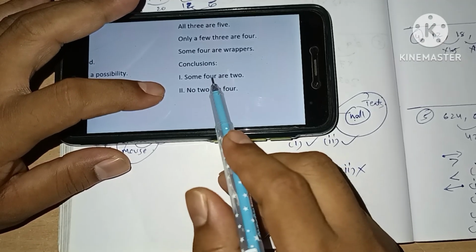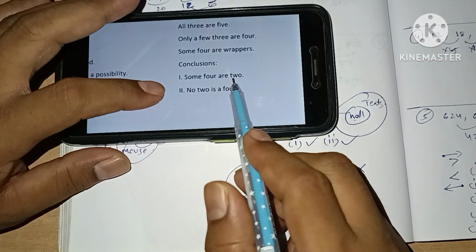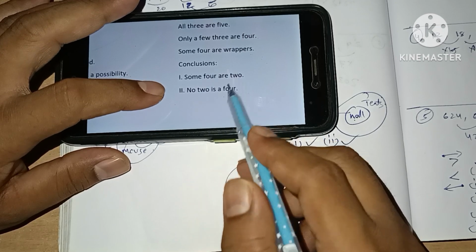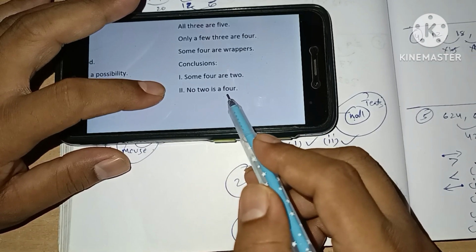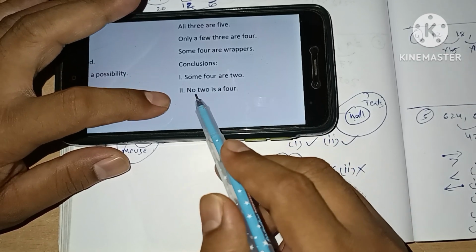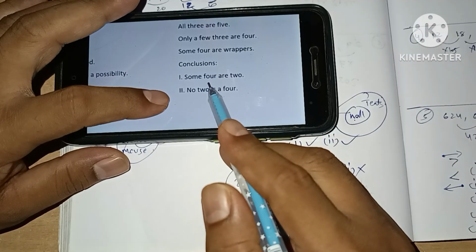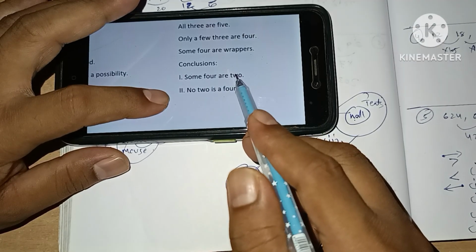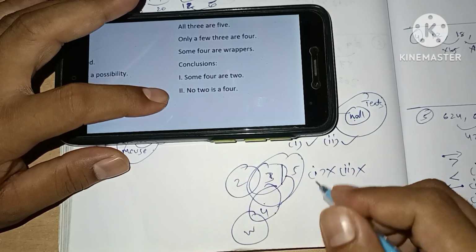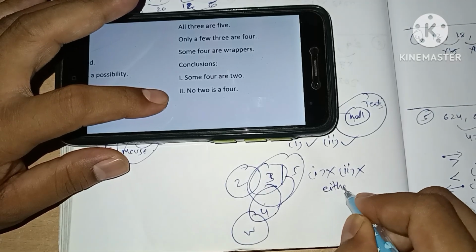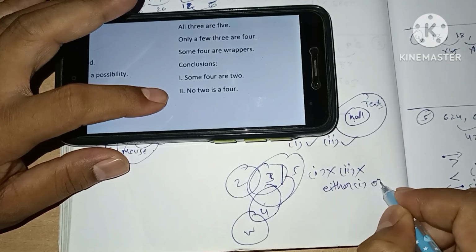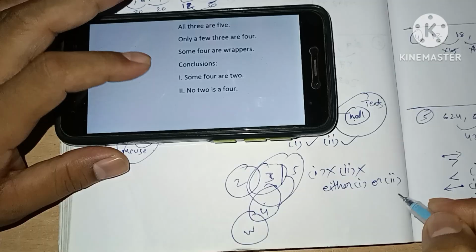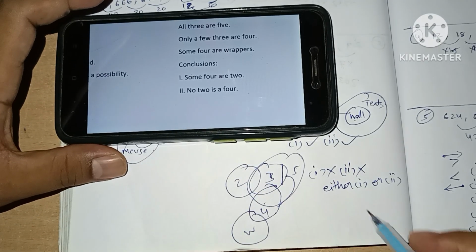Here the words are 4 and 2, but the suffixes and prefixes are not the same. In the case of some and no, it is exceptional that the suffixes and prefixes must be in reverse order. Then also it will be either 1 or 2. So the answer for this one is either 1 or 2.